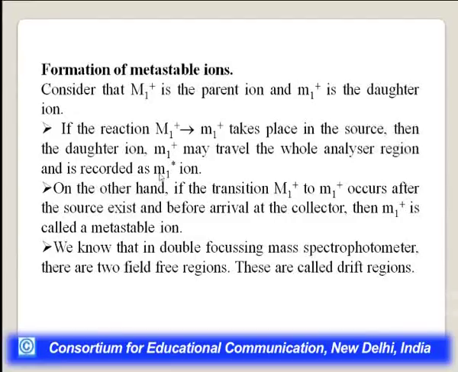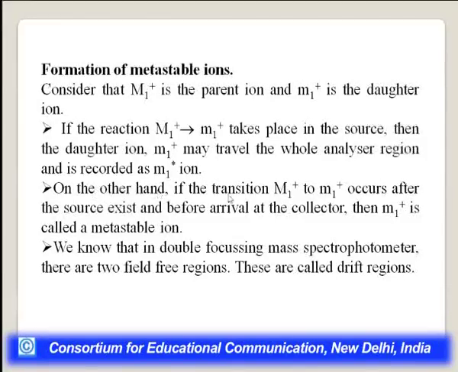M1 starred ion is the representation of metastable ions. It does not reach the collector, because of having low kinetic energy, or we can say less translational energy. They are not accelerated enough to reach the collector.